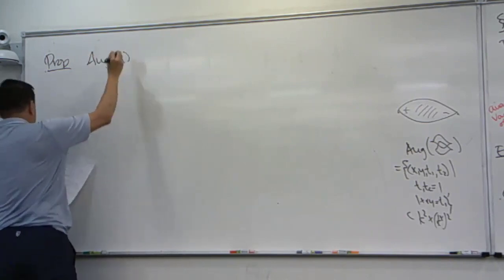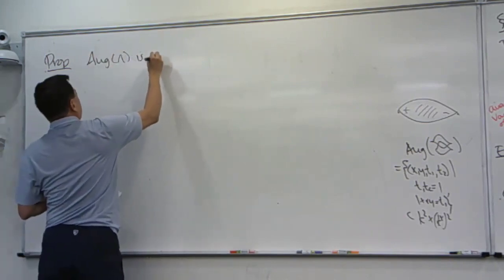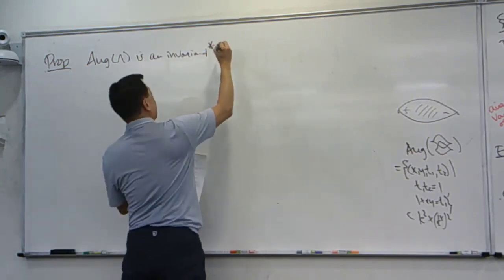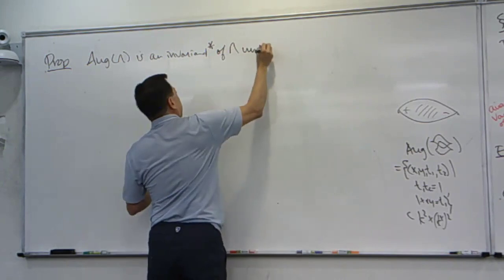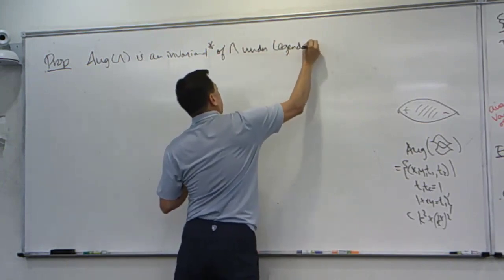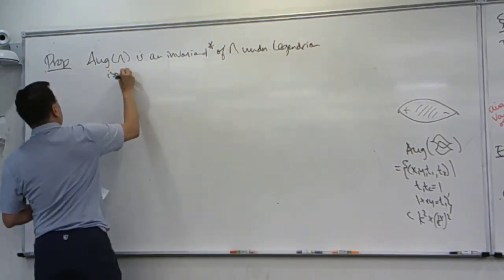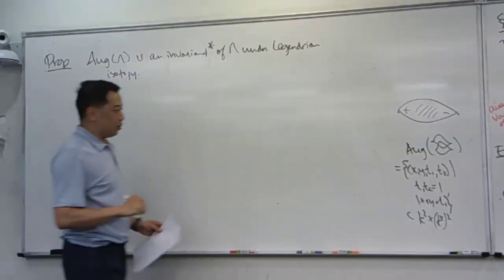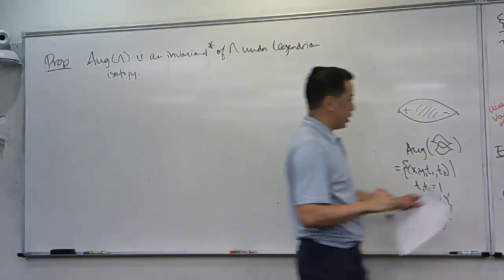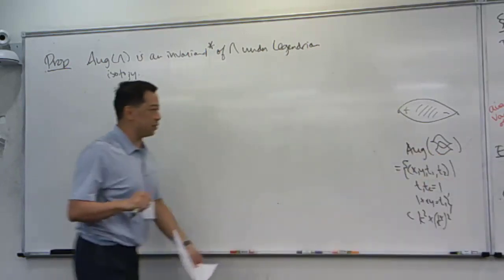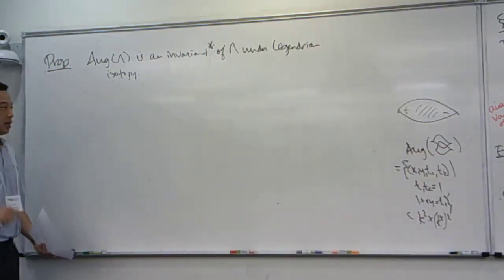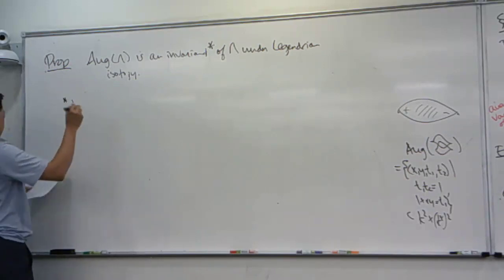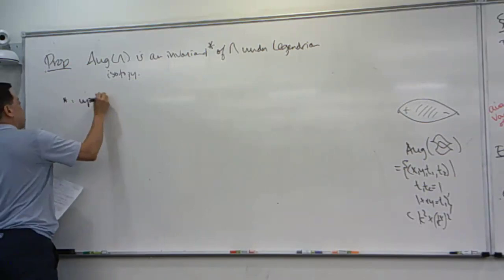The augmentation variety of Lambda is an invariant, with an asterisk, of Lambda under Legendrian isotopy. That actually is not an invariant under Legendrian isotopy, for the reason that this depends on more than just the chain homotopy equivalence type of the underlying DGA. It depends on something about where the generators live. So if you want to make this precise, it's true up to products.